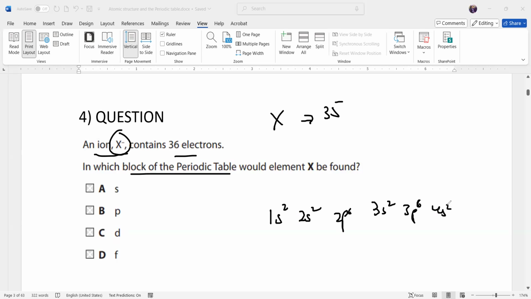So that arranges 20 electrons. Then when electrons keep going, we'll have 3d10, so 30 arranged. And then we'll have 4p, which can have a maximum of 6, but we are left with only 5 electrons. So it means that it belongs to the p block, it's a p block element.